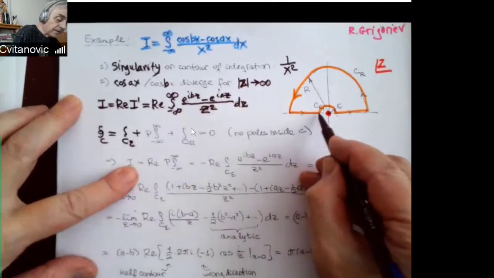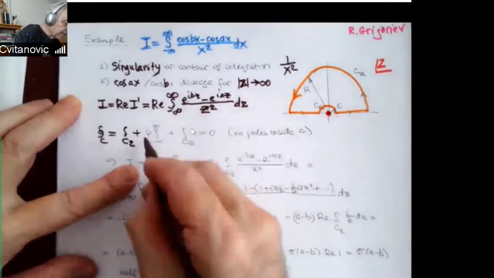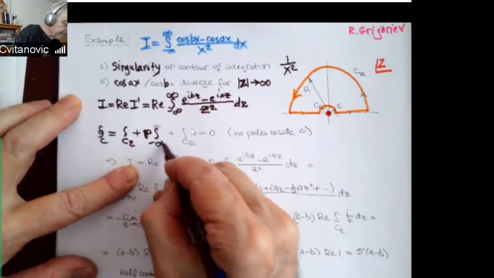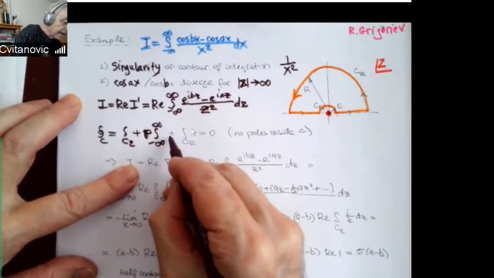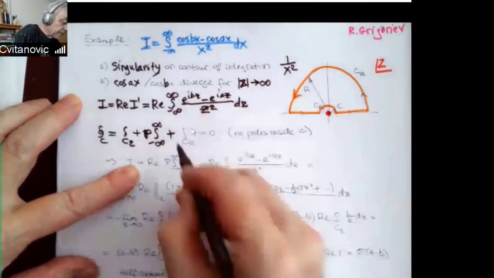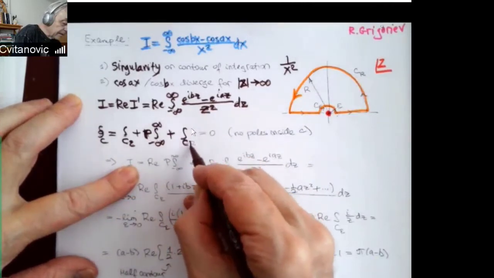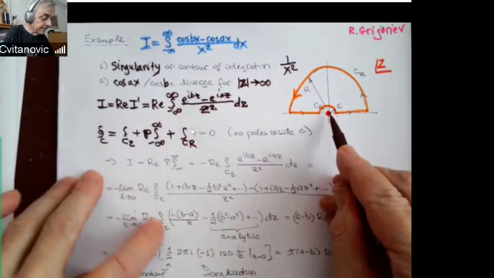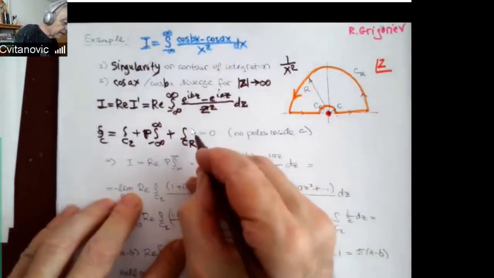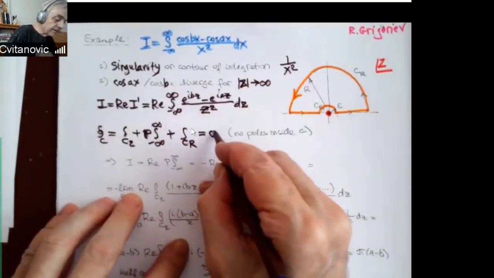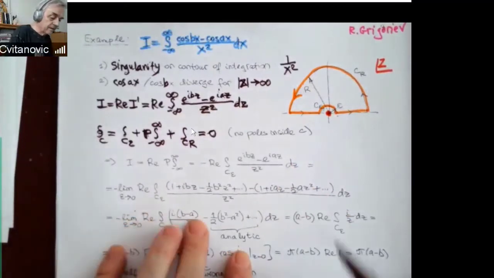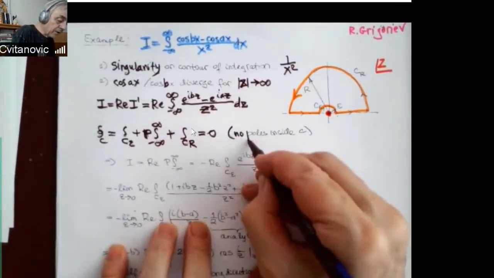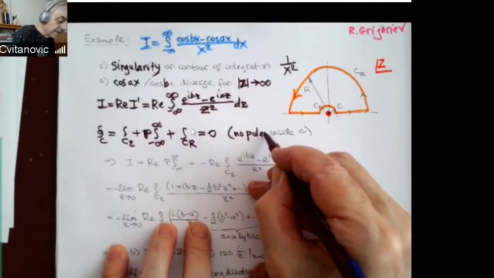It has a part excluding the origin, so the principal part, and then I run on a big circle. On that contour, the only singularity is at the origin, so the contour doesn't have any singularity. So this contour integral is 0, because there are no poles inside.